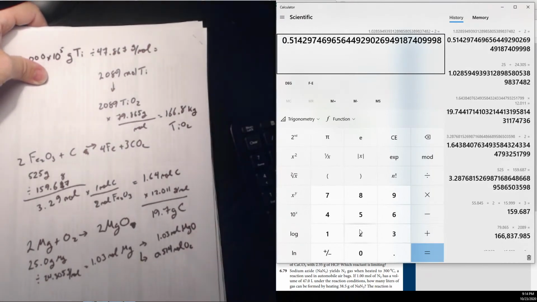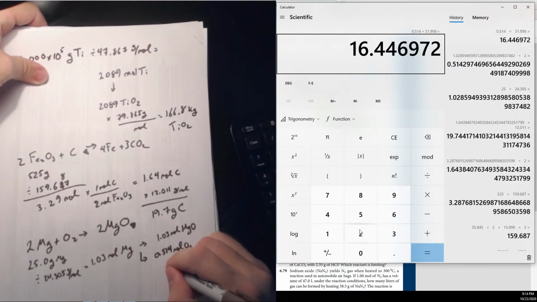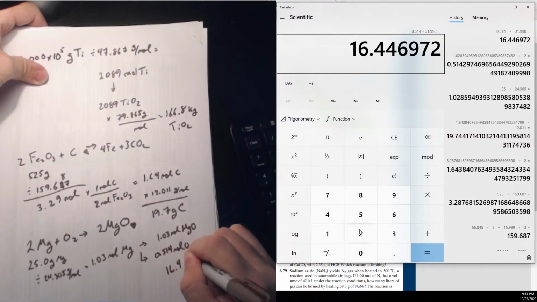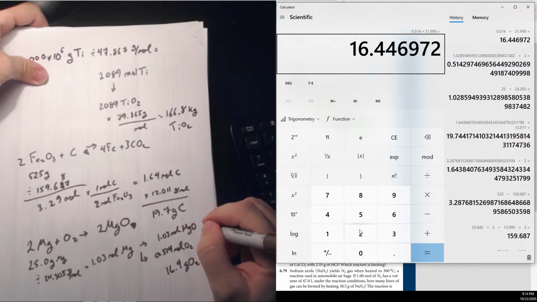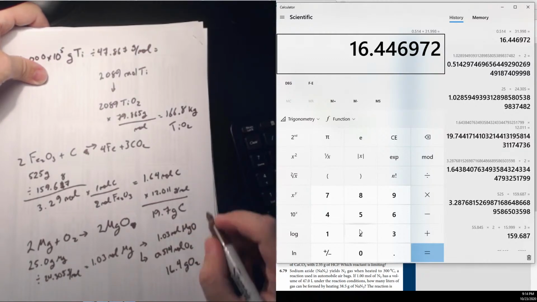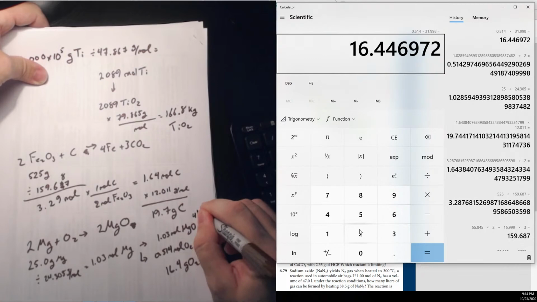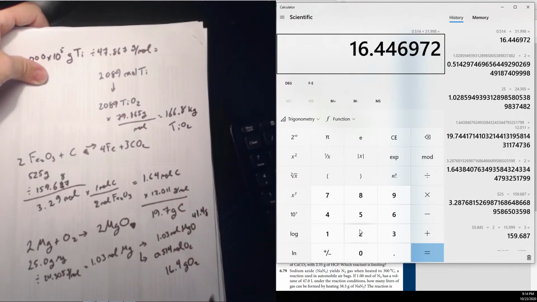Which means that we're going to get how many? So 0.514 times 31.998 grams per mole is 16.4 grams of oxygen. 25 plus 16.4 means 41.4 grams of magnesium oxide.